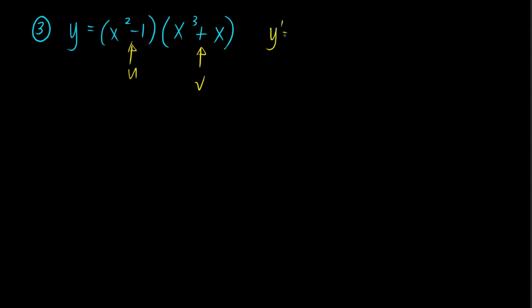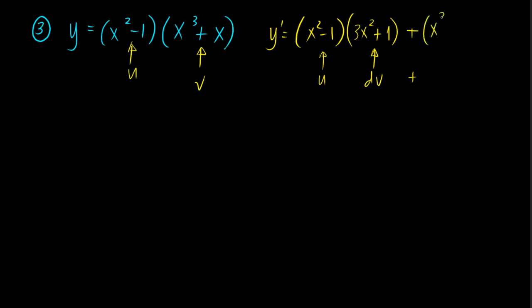And y prime is actually u, so copy tayo si x squared minus 1, dv, so derive v, 3x squared plus 1, plus, so butang ko dira, u dv, plus, ang v naton, capital lang, x cubed plus x, so v ni siya, and derive u, so you have 2x. So, u dv plus v du.